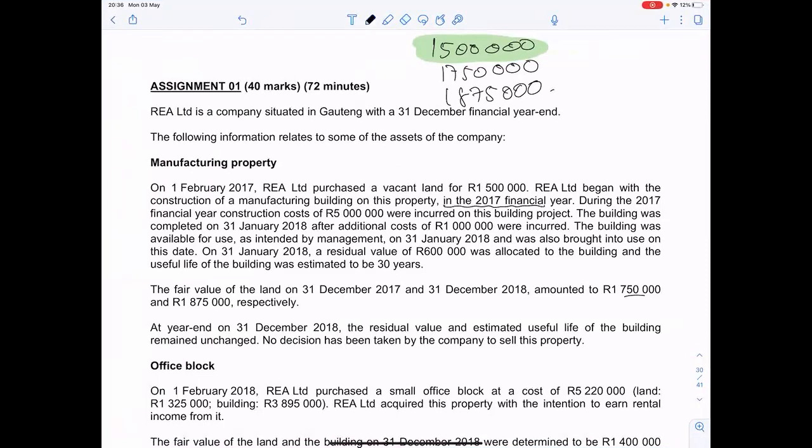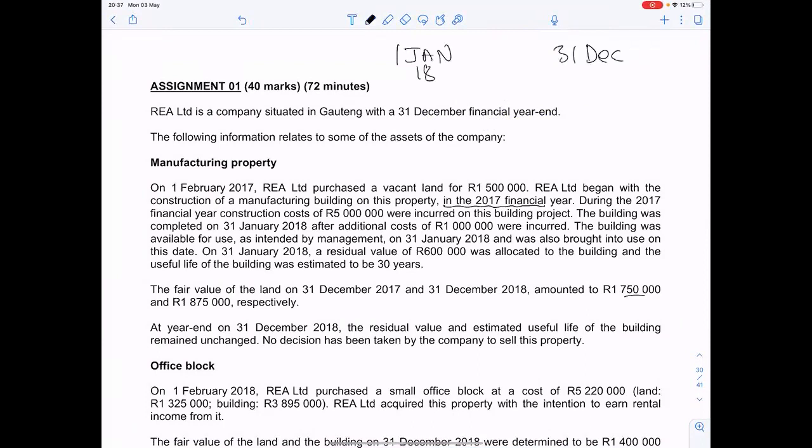Right, our year starts on the 1st of January 18 until 31 December 18.